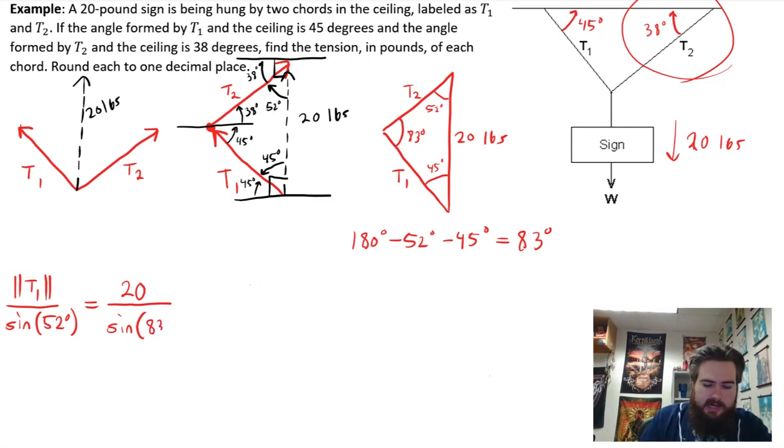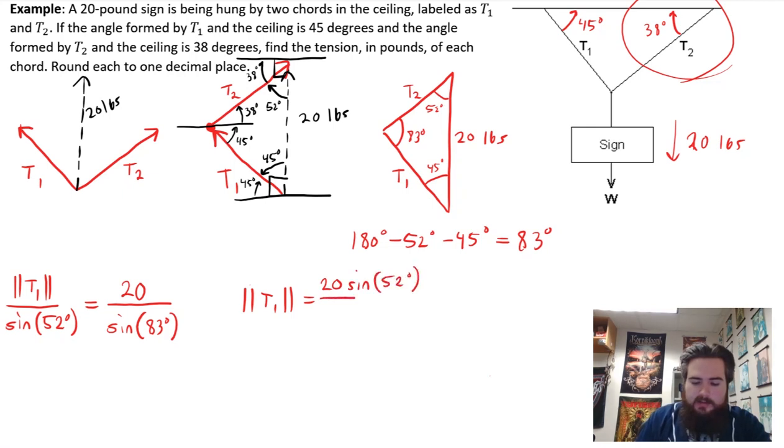So that's sine of 83 degrees. We can solve for the magnitude of T1 then by just multiplying sine of 52 over to get 20 sine of 52 degrees divided by sine of 83 degrees.